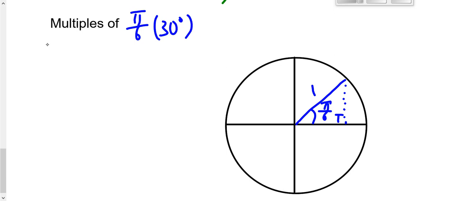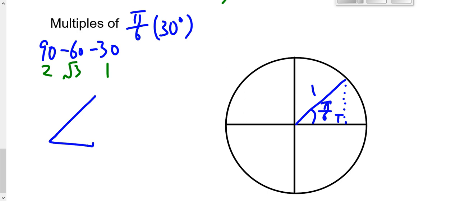The 90, 60, 30. Yes, we did that for the 60 degrees above, but this time the angle we are looking at is going to be 30 degrees. So let me just write down the lengths here: 2, root 3, and 1. So if you draw this time the reference, the angle we are looking at is 30 degrees instead of 60 degrees.